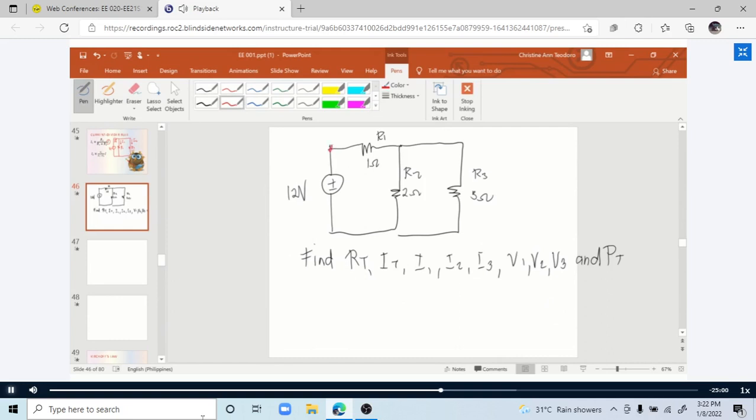This is the first node, this is the second node, and this is the third node. This is the fourth one, fifth, and the sixth.